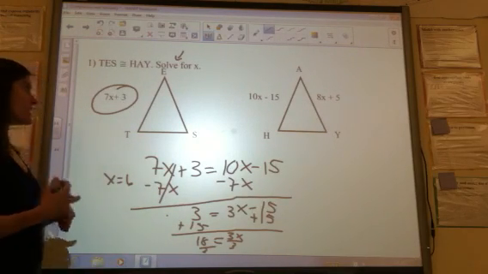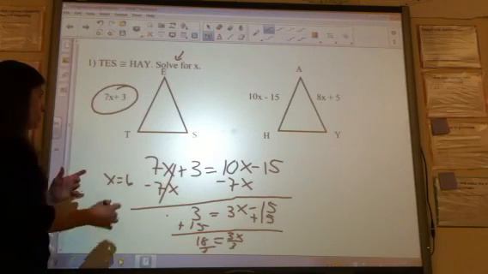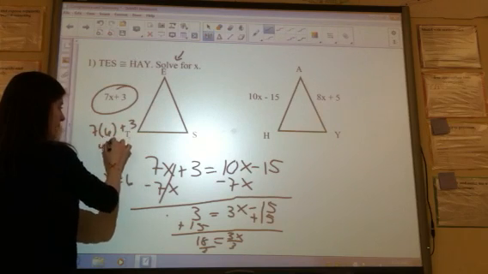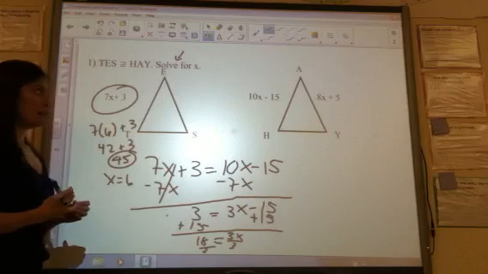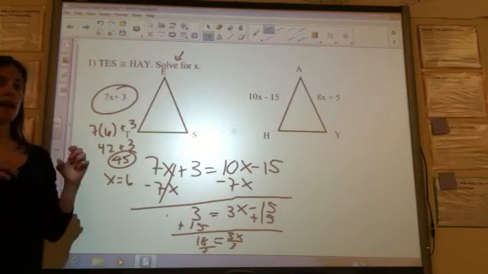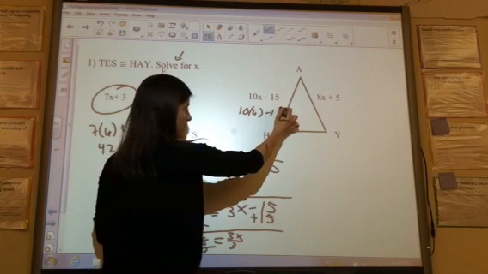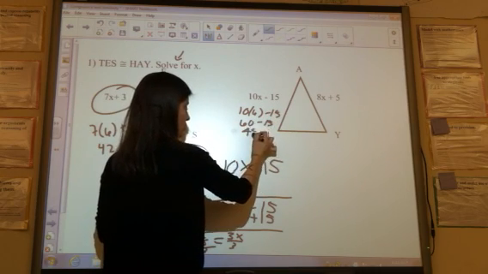However, if I said what is the length of TE or what is the length of HA, you would have to go ahead and evaluate and find the length of the side. And again, just to make sure that you found the right x, if you plugged it into this side, you should hopefully get the same 45 as your answer, and you do.